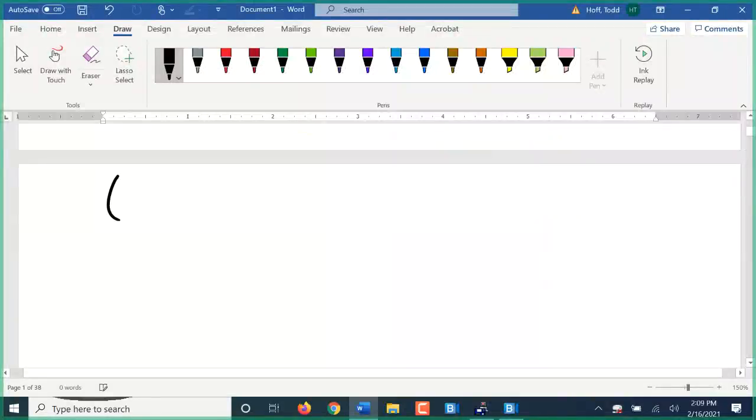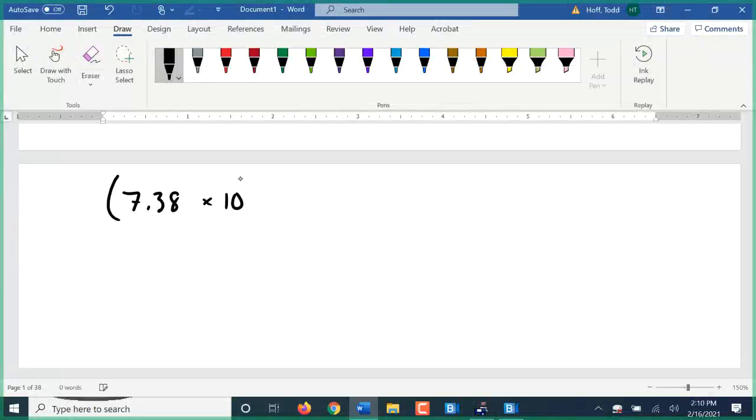What if we don't have the same power of 10? We have something like 7.38 times 10 to the 9th plus 9.3 times 10 to the 8th. We don't have the same power of 10 here. They're different. Now, if they're too different, we really can't combine the numbers.